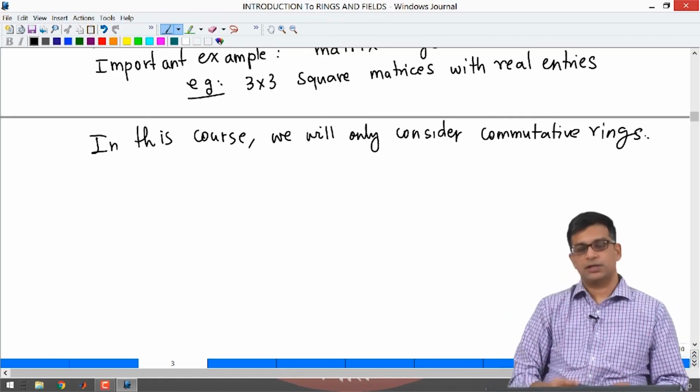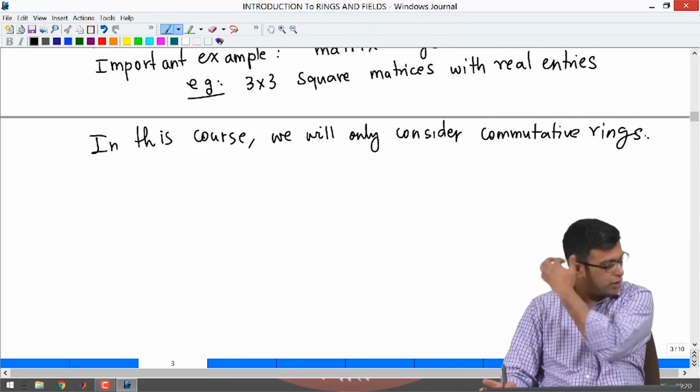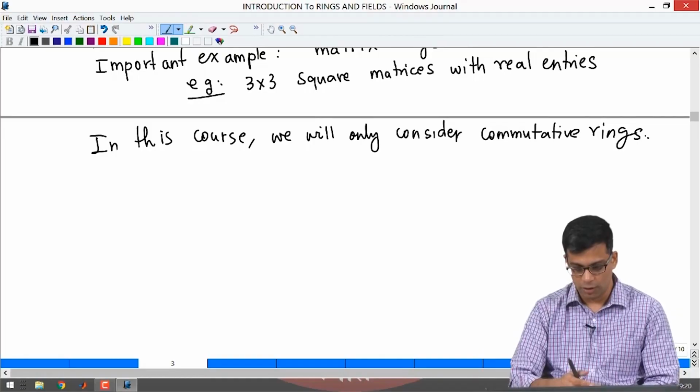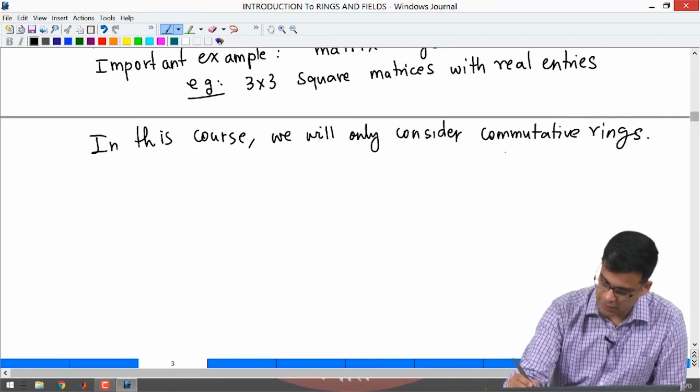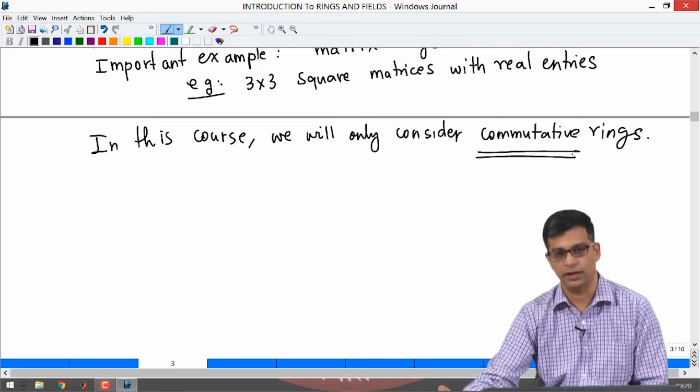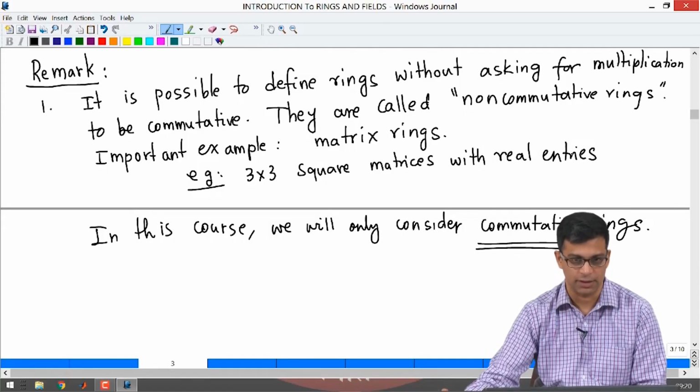The non-commutative ring theory is an important subject that people study, but it is not the focus for us in this course. So, for us we will only look at rings where the multiplication is commutative. In particular, we will not study matrix rings in this course.